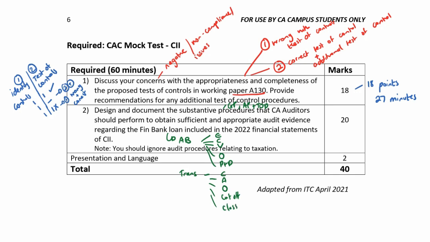So basically I can use all my assertions here: initial recognition of the loan using the transactional side, and then the account balance assertions for the subsequent measurements.